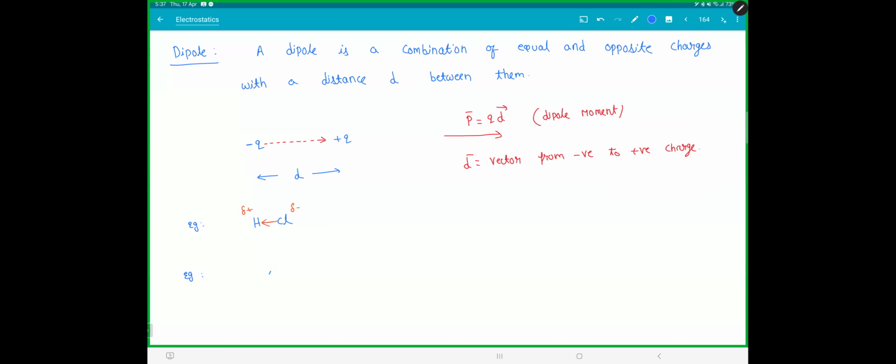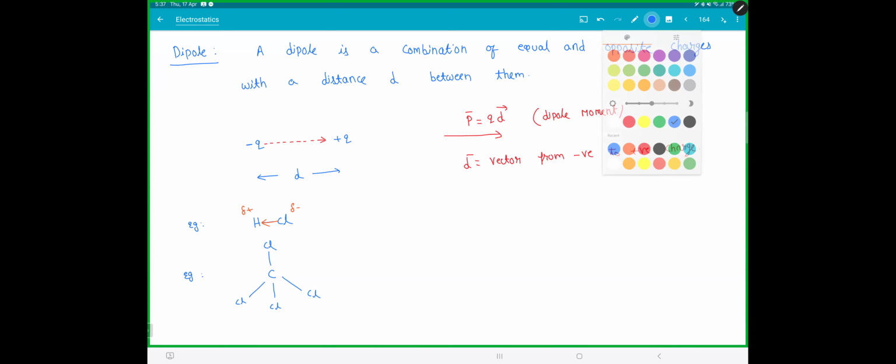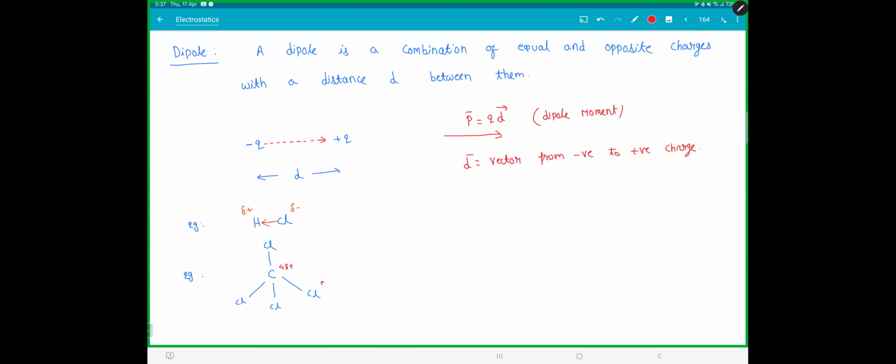So if you take something like CCl4, here also this central atom will become 4 delta plus, and the four chlorines delta minus, delta minus, delta minus, delta minus. So there we say the dipole moment is 0.